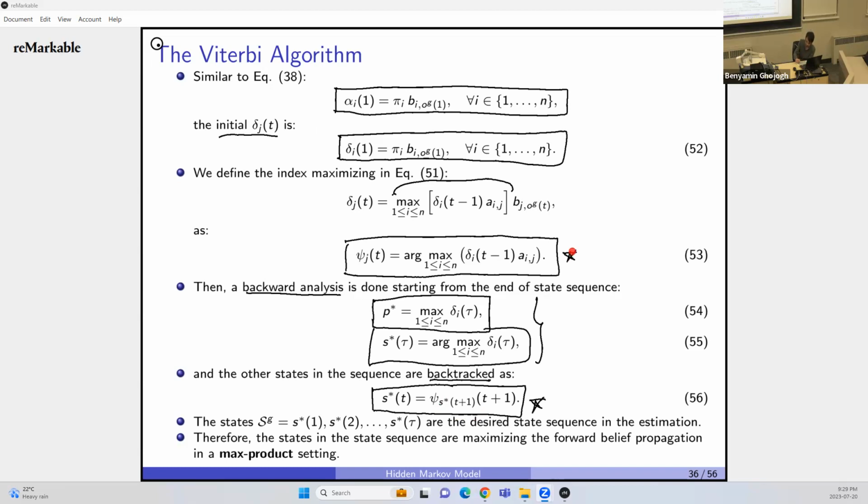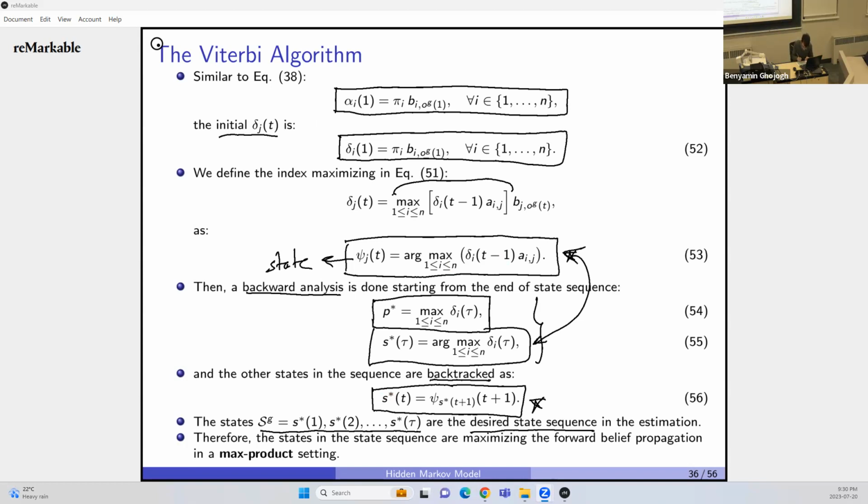Compare these two and you will understand why equation 56 makes sense, because psi is in essence a state. Which state maximizes that? Therefore, we pass this to become the state. Okay, and now these states, S star 1 to S star tau, are the desired state sequence in the estimation.